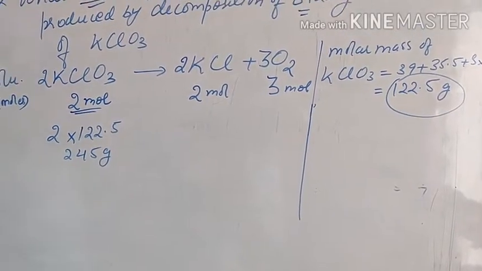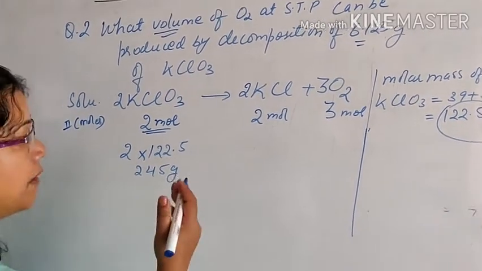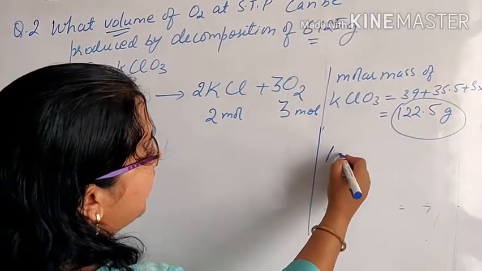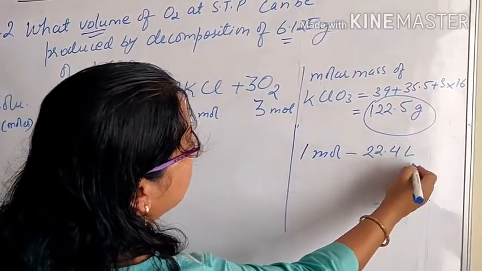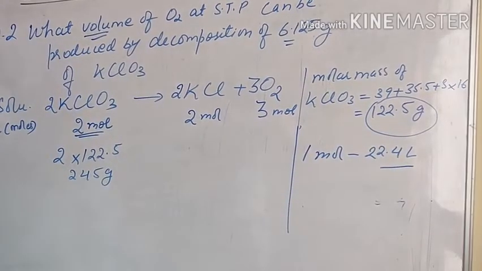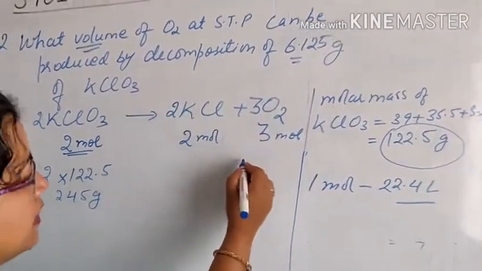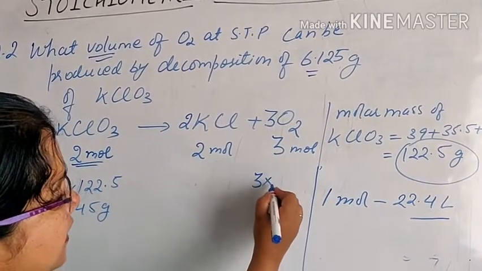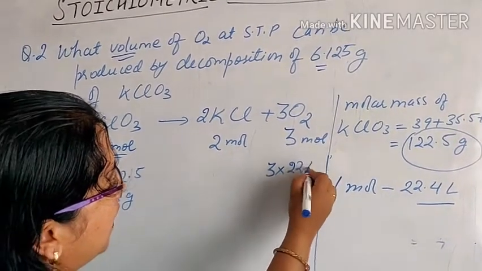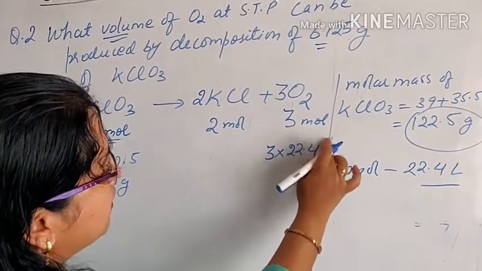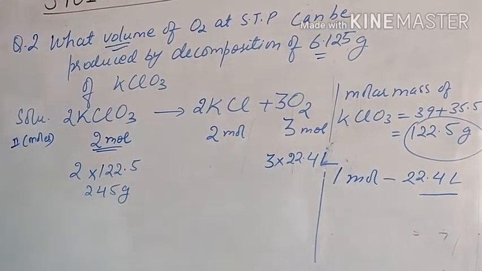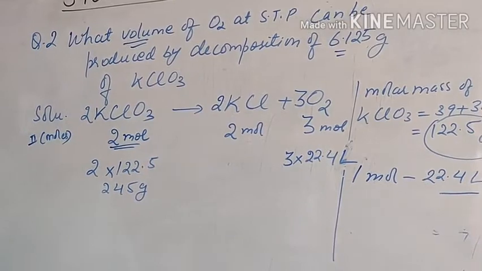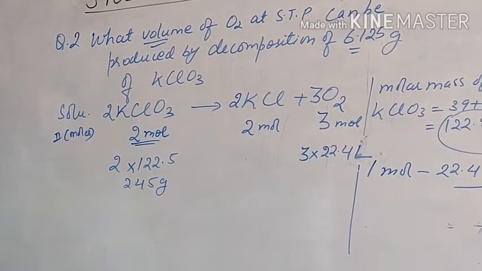And we know that 1 mole of any gas at STP occupies 22.4 liter. Therefore, 3 moles of oxygen will represent how many liters? 3 into 22.4 liter. So this is how we have written the various data available with us.